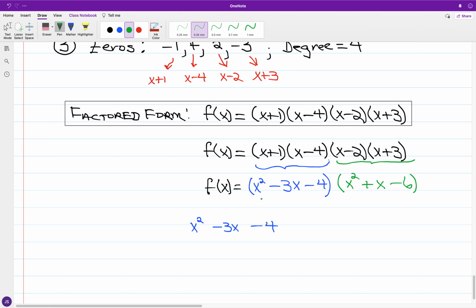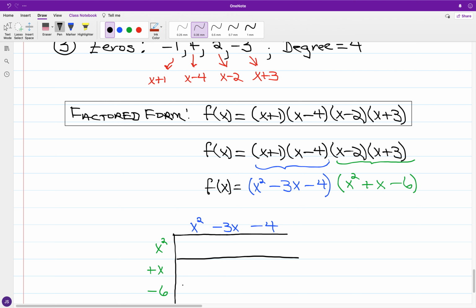If I let x squared minus 3x minus 4 be the column headings, and x squared plus x minus 6 be the row headings, this is the box method, also referred to as the geometric approach.